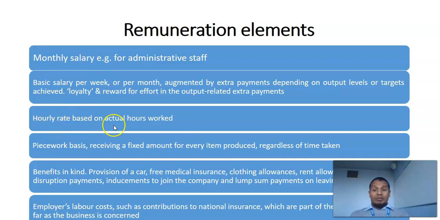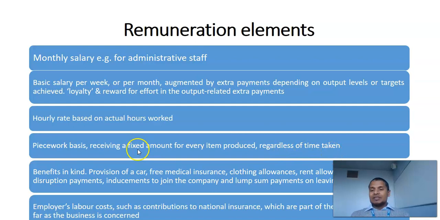And an hourly rate based on actual hours worked. In some cases, particularly at the factory level, hourly pay is given to the factory staff. Piecework basis: receiving a fixed amount for every item produced, regardless of time taken.